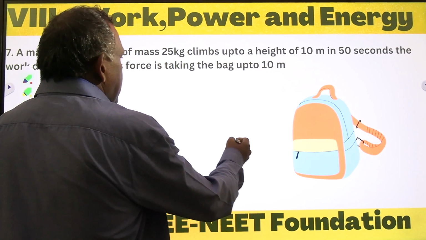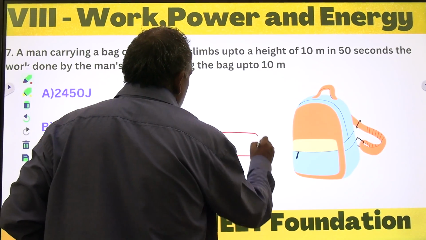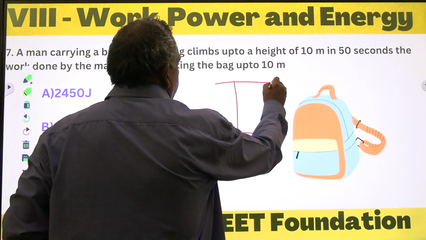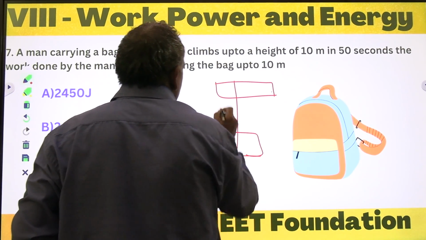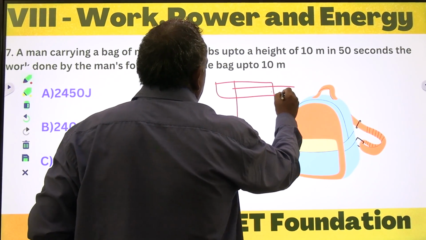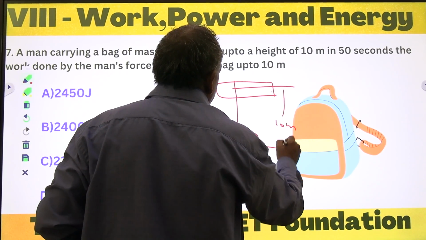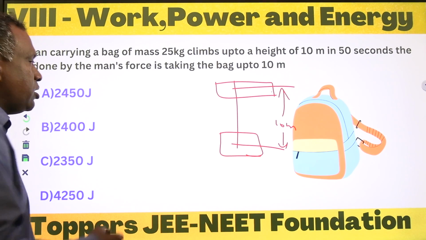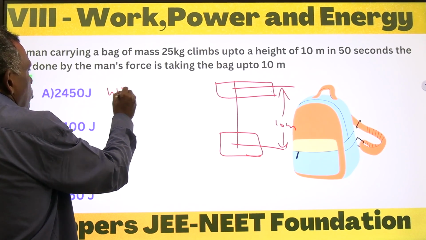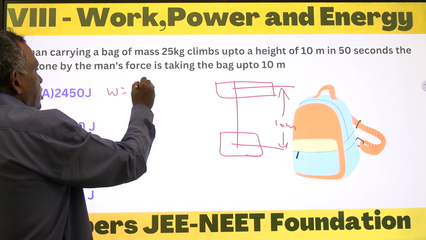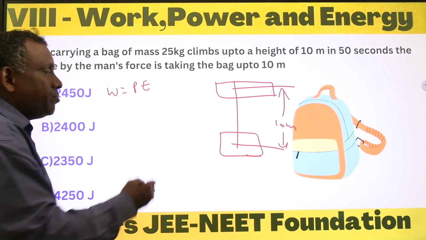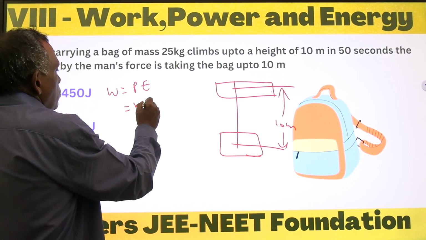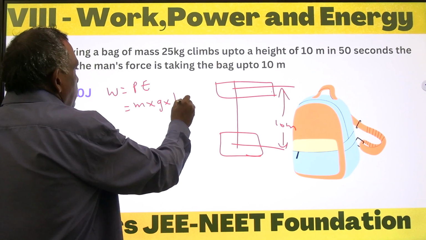There is a bag, and you want to take it to a certain height, 10 meters. How much work should you do? Work is equal to potential energy, because you are changing its position, so mass into acceleration due to gravity into height.